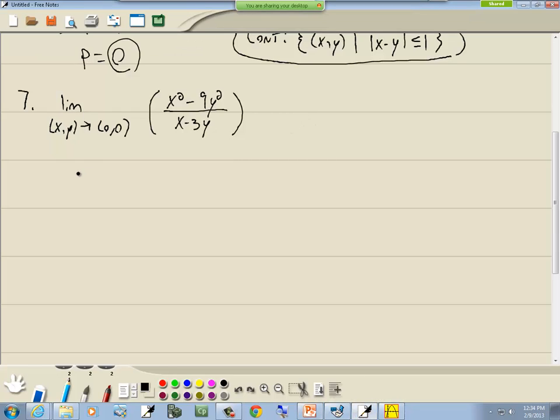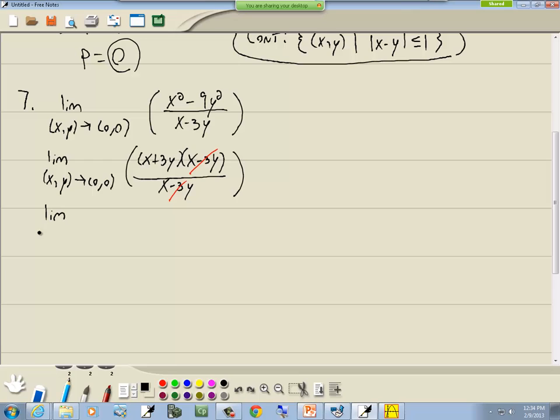Now this one has some algebra we can do. The limit as x, y goes to 0, 0. We can factor the top part. Difference of two squares, so this factors as x plus 3y times x minus 3y. And after I do that, I notice that the x minus 3y is going to cancel.